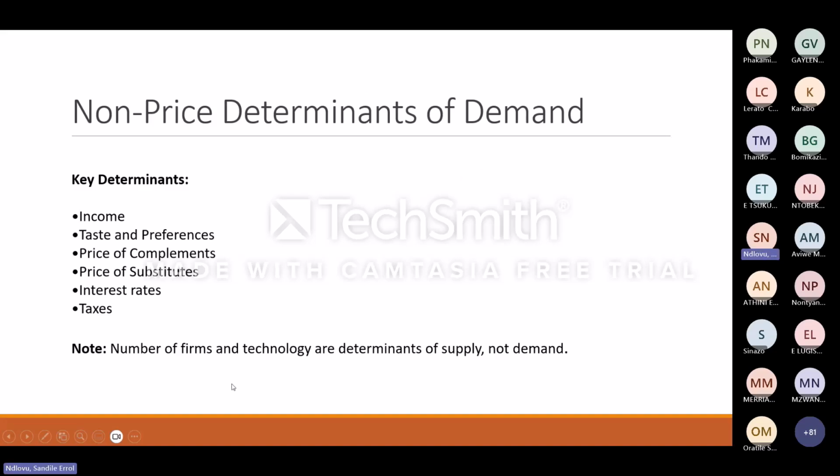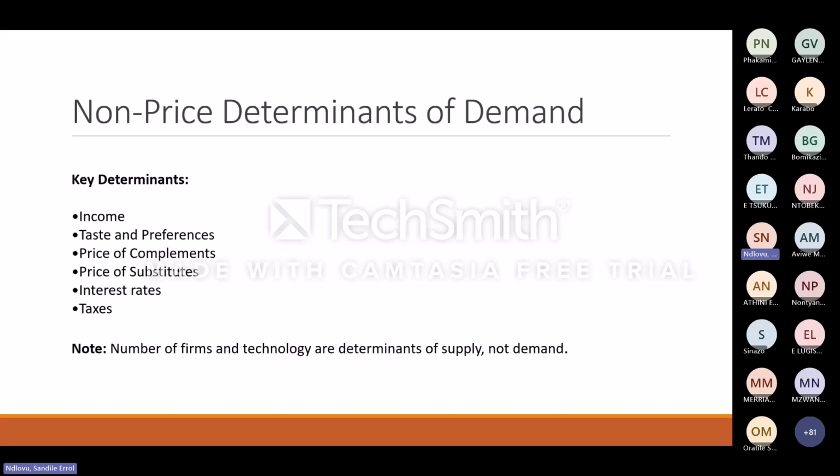There are also determinants of supply, because demand is from the perspective of a consumer and supply is from the perspective of the producer. Okay. So the determinants of supply are the number of firms in the actual market, and also technology.